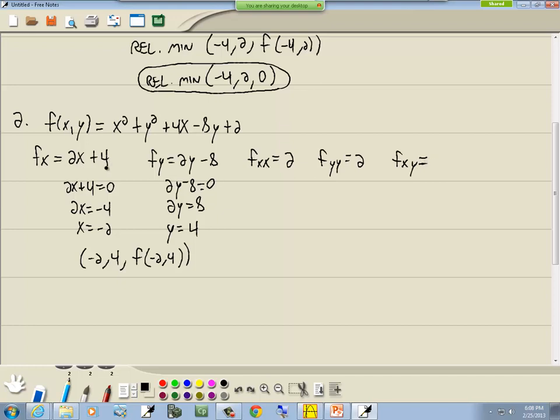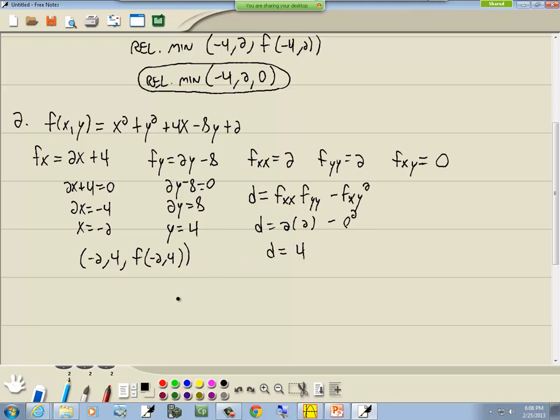So this 2x plus 4, if I take the derivative with respect to y, it just gives us 0. So d is going to equal this right here. So we're going to have 2 times 2 minus 0 squared, or d is equal to 4.